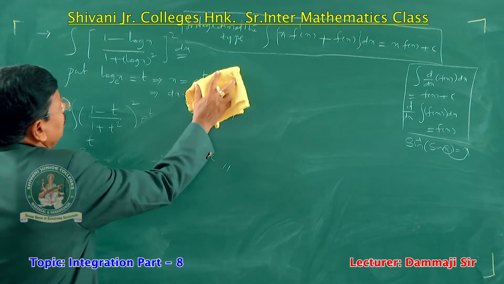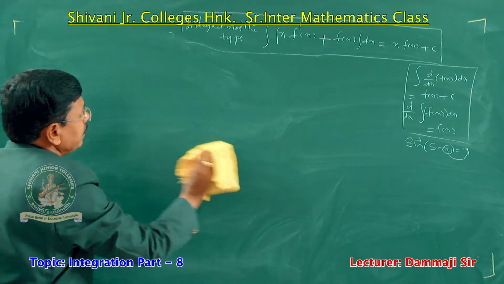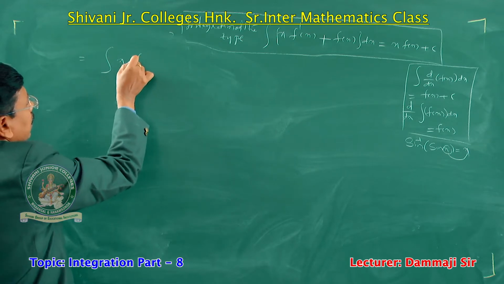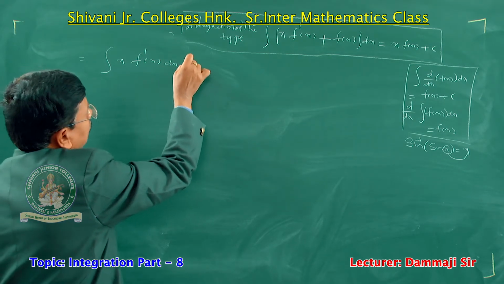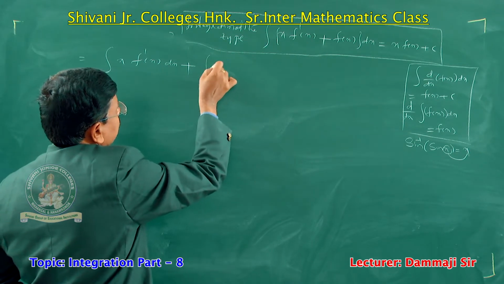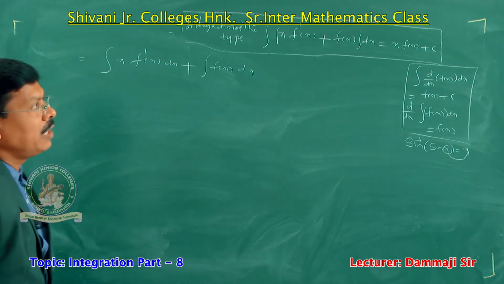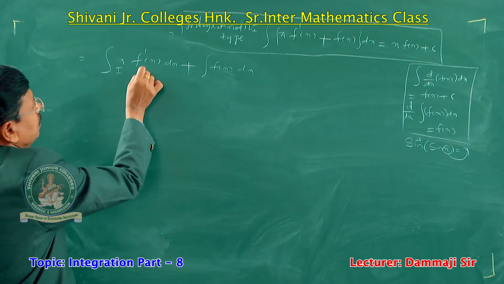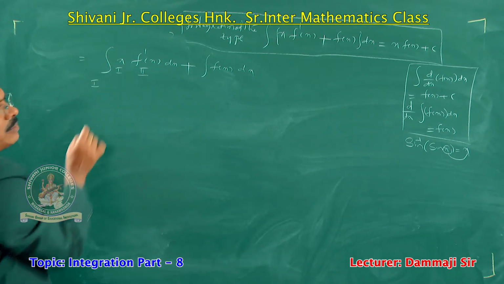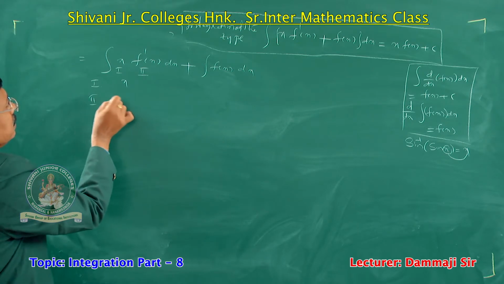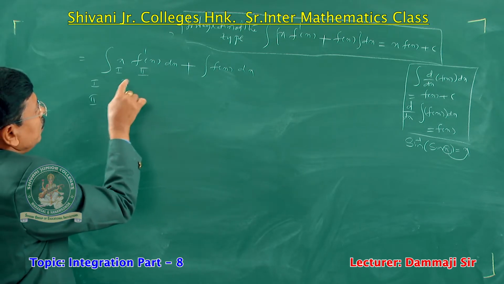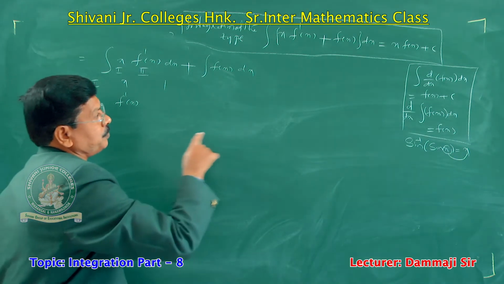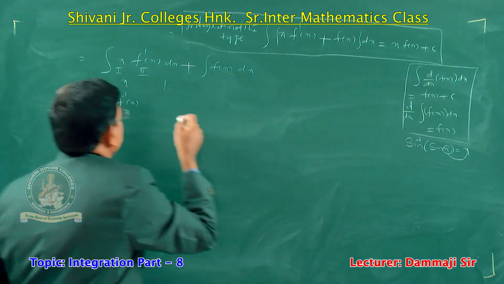Now the problem by using integration by cancellation. Observe the given problem: the integral of x f dash of x plus f of x dx. By using the integration by parts formula, taking x as the first function and f dash of x as the second, the derivative of x is 1, and the integral of the derivative is f of x.